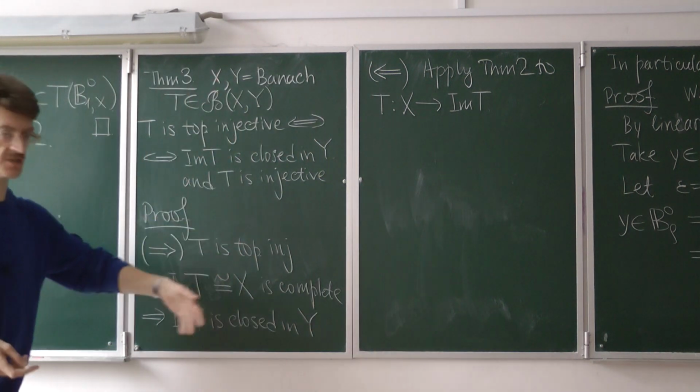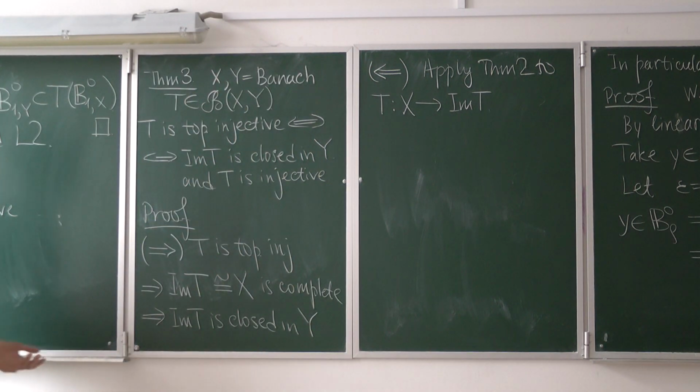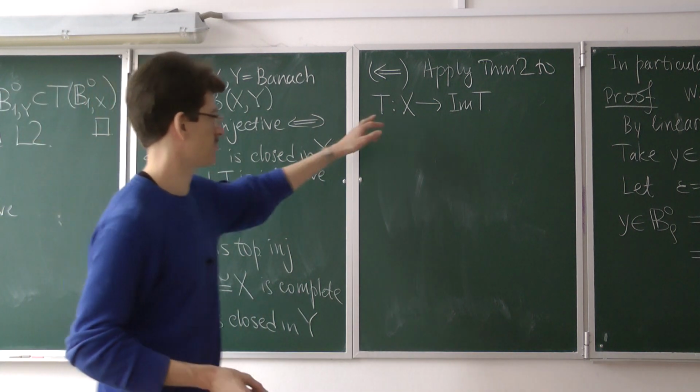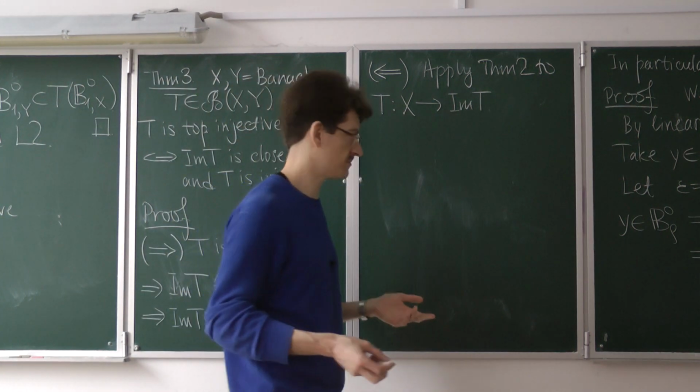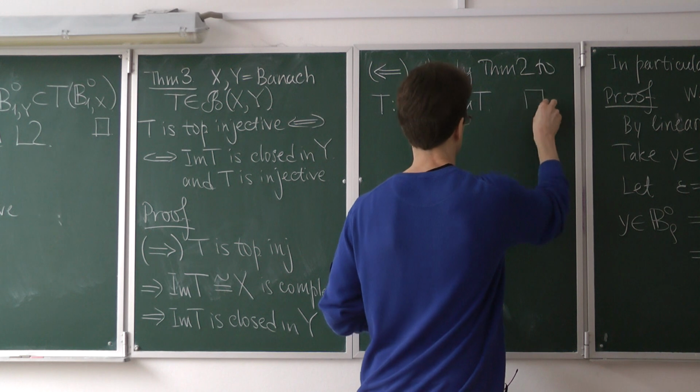So the image of T is also a Banach space. And by theorem 2, this operator is a topological isomorphism, or equivalently, T is topologically injective.